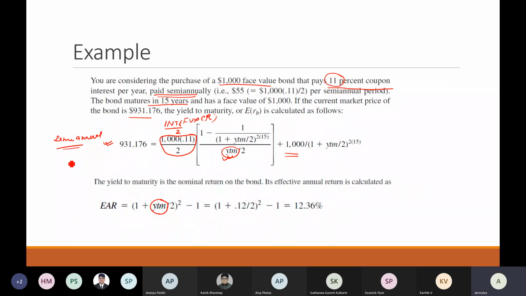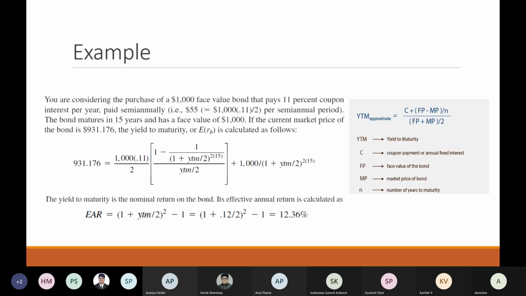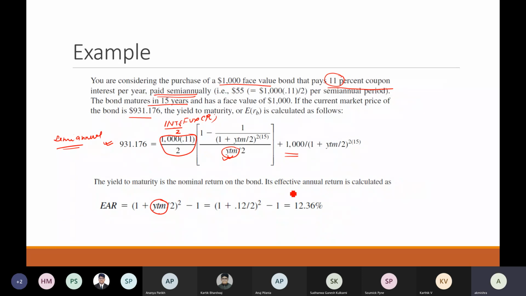But if the question asks you to present YTM as an annual rate, remember, then you need to adjust it. Why? Because it is going to be compounded if you are calculating on an annual basis or effective annual return basis.